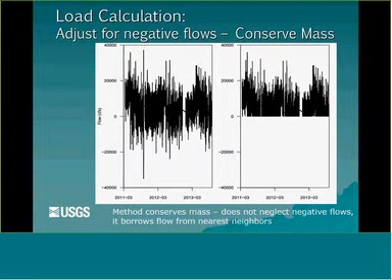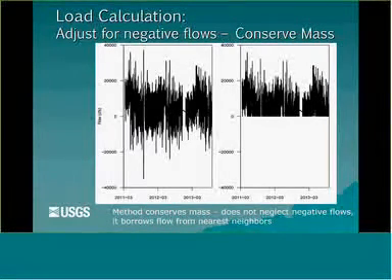In this approach, it conserves mass. They both have the same amount of flow going down the river. And we also tested it trying to see, did it conserve other things, like we just needed a tracer, so we used specific conductance. We went through that and it came up with the same amount of specific conductance moving down if you were to consider that as a parameter you can compute a load for.